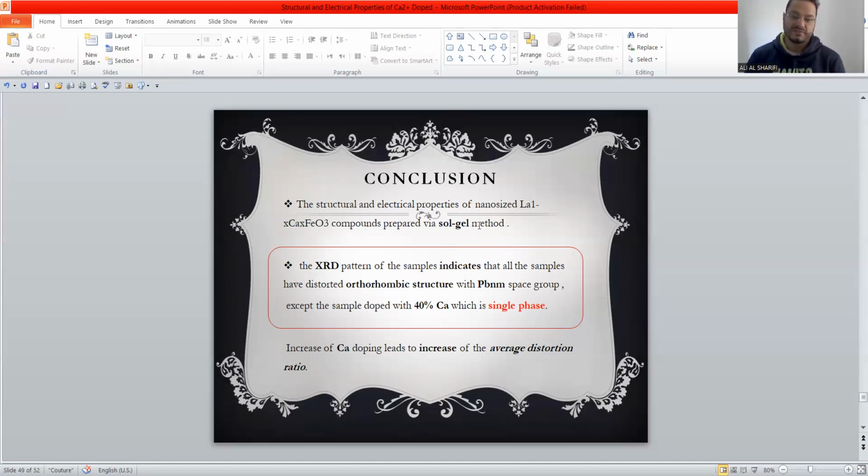And here the X-ray diffraction patterns were used to take this curve from the first slides of the previous lecture. The X-ray diffraction patterns of the samples indicate that all the samples have a distorted orthorhombic structure, except at 100% it was single phase.